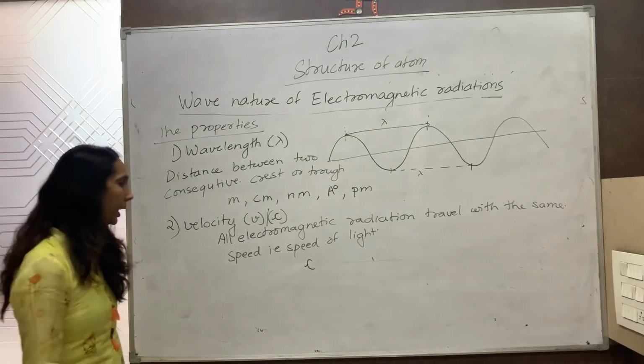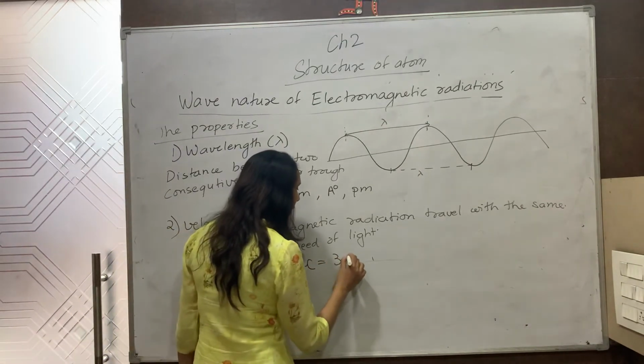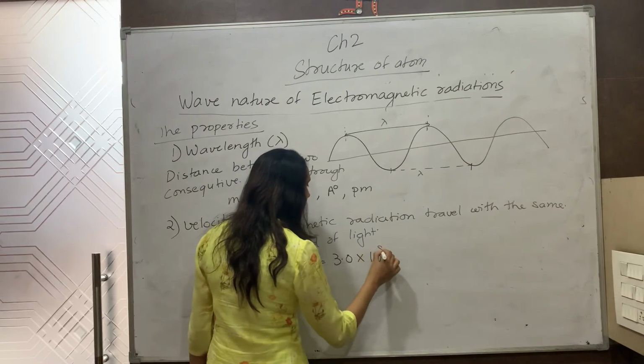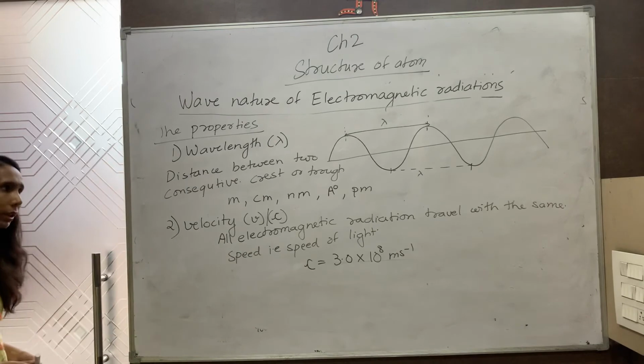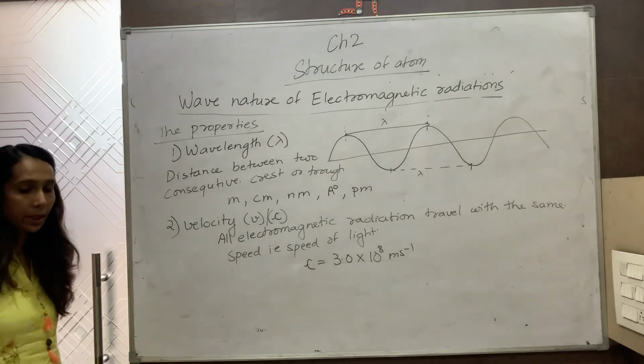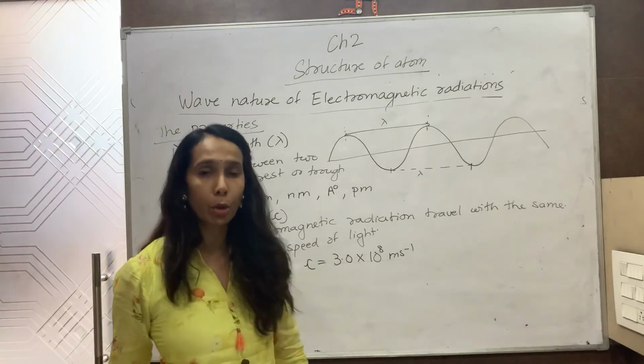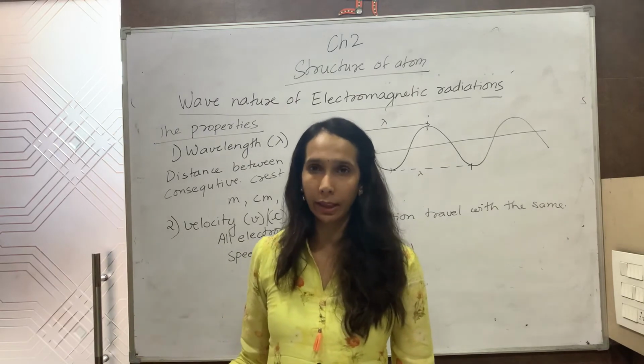The velocity of light is 3.0 into 10 to the power 8 meter per second. So the velocity for all electromagnetic radiations is represented by c and it is 3 into 10 to the power 8 meter per second.